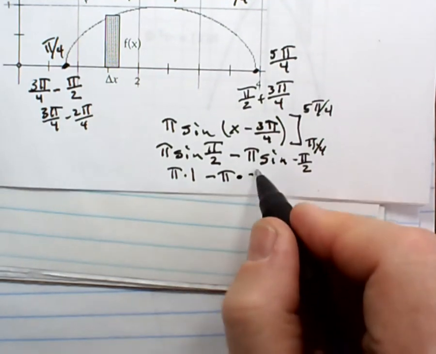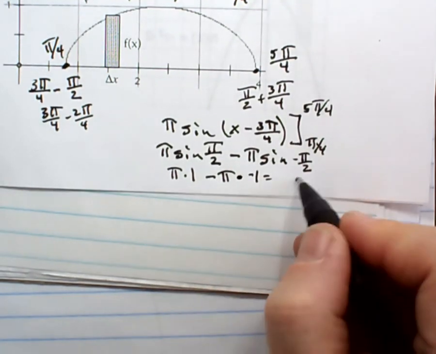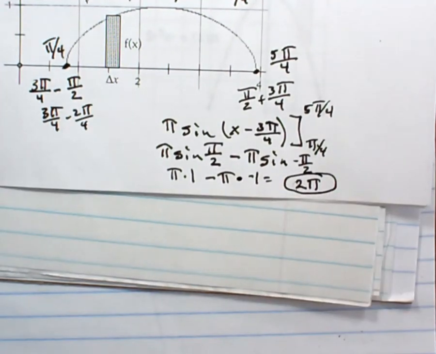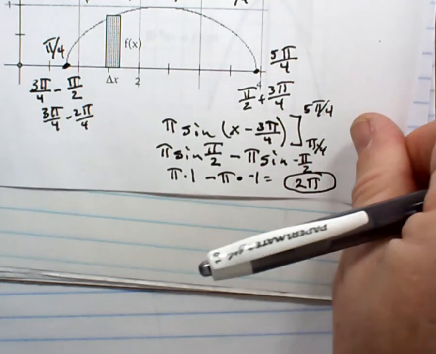Negative 1. So what's my answer here? 2 pi. That wasn't terrible. Next page.